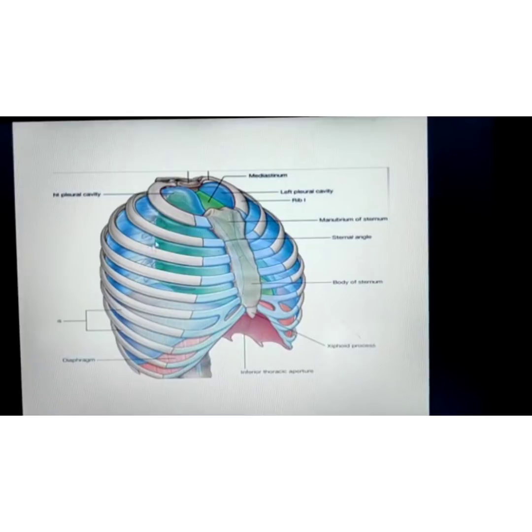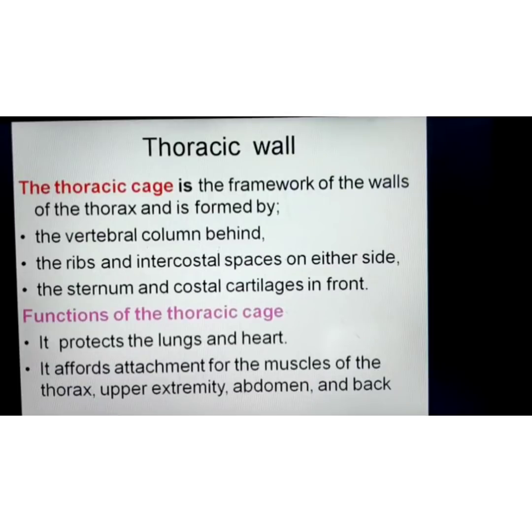We can make out in this diagram the sternum and costal cartilages in front, the ribs on either side, and posteriorly we have the vertebral column, mainly the 12 thoracic vertebrae. So this is about the formation of the thoracic cage.